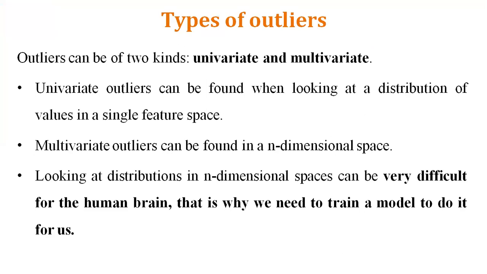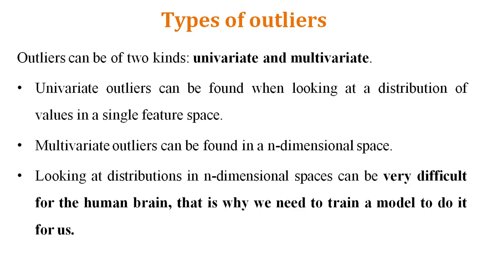So talking about the in-depth concepts of outliers, there are two types of outliers, univariate and multivariate outliers. If you have single feature space values, it is considered a univariate outlier. And if you have n dimensional data points, it is considered a multivariate outlier.